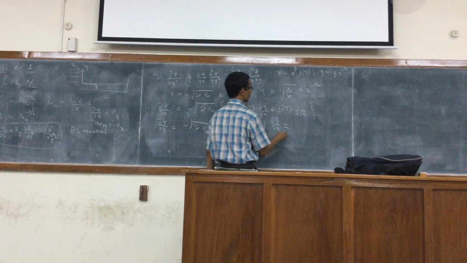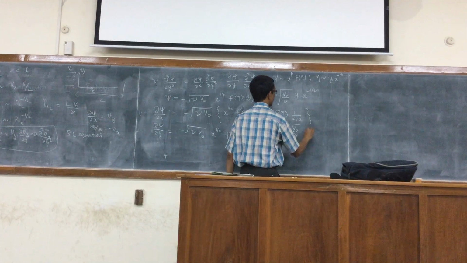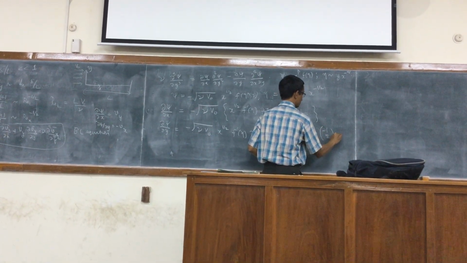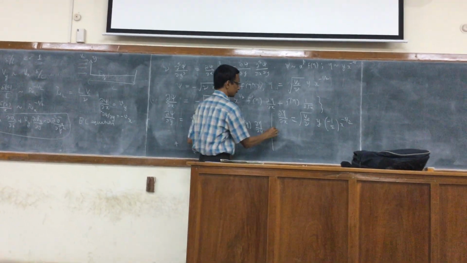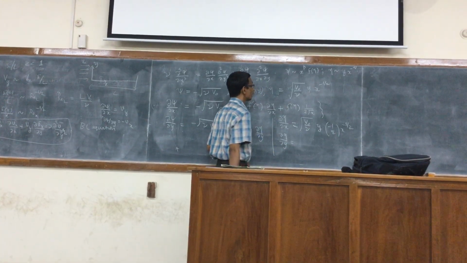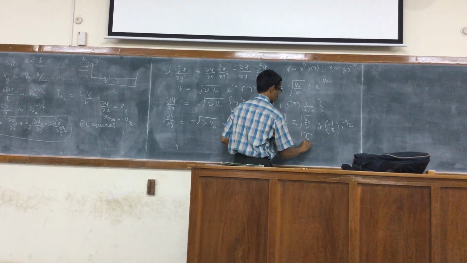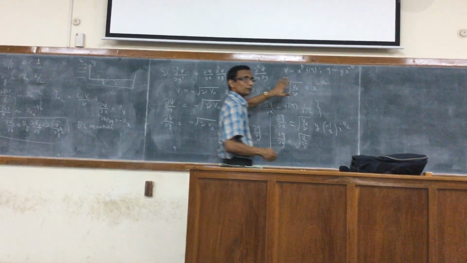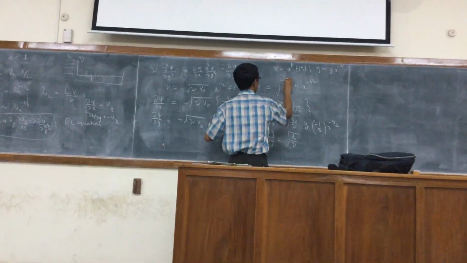d eta by dx is going to be square root of g naught by y, right? Minus half x power minus 3 by 2. d eta by dy would be square root of, taking what we called earlier as a characteristic velocity, the x direction, that is dx.